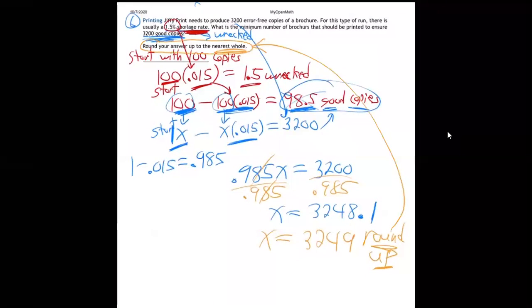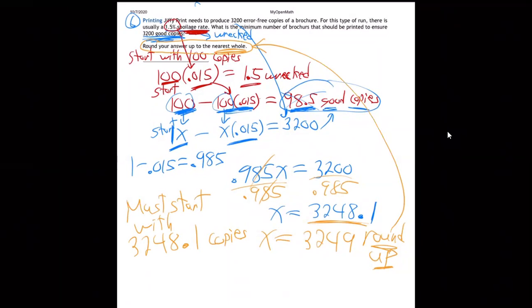But also, I want you to see that that makes sense in real life. Because our answer, 3248.1, is how many we must start with. We must start with 3248.1 copies. And then some are going to get wrecked, and we'll end up with 3,200 good copies, right?